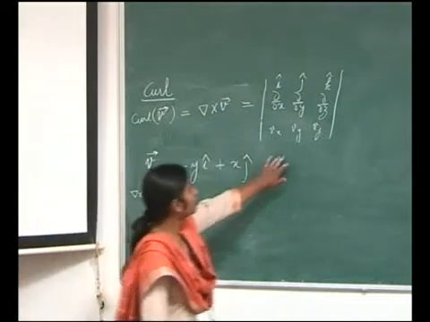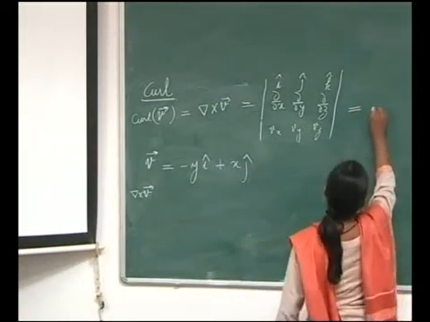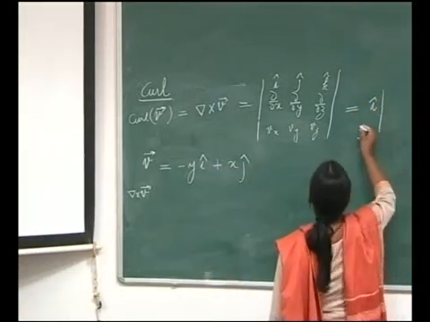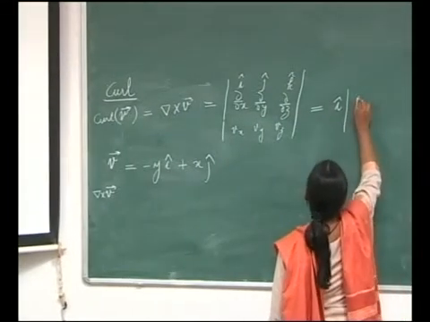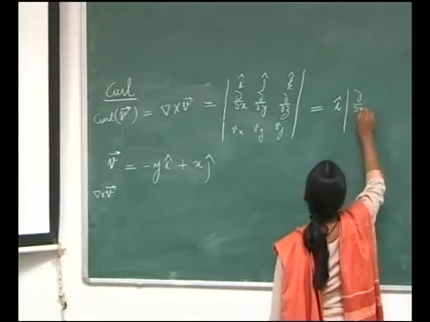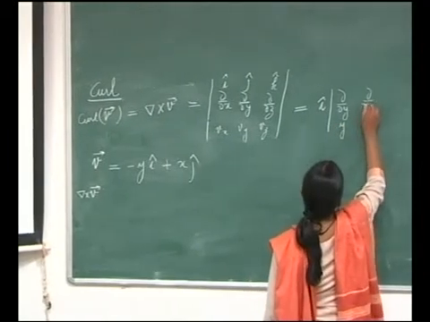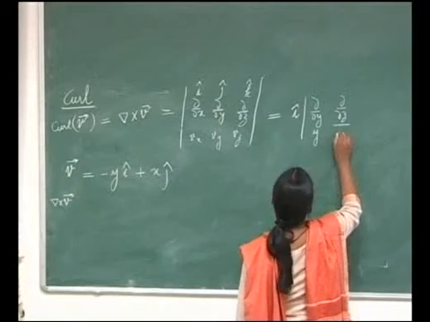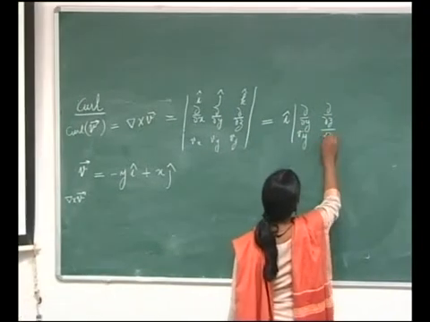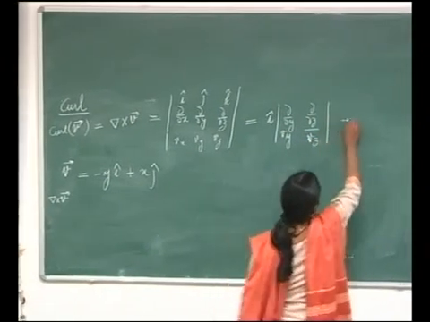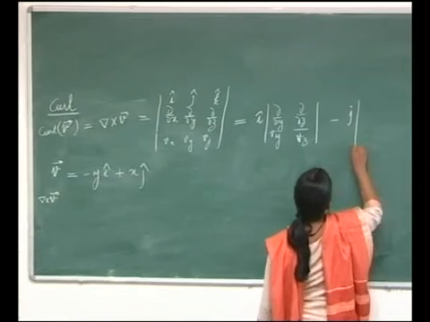So from here I can write that this is equal to i times the determinant with del by del y, del by del z, vy, vz, minus j.